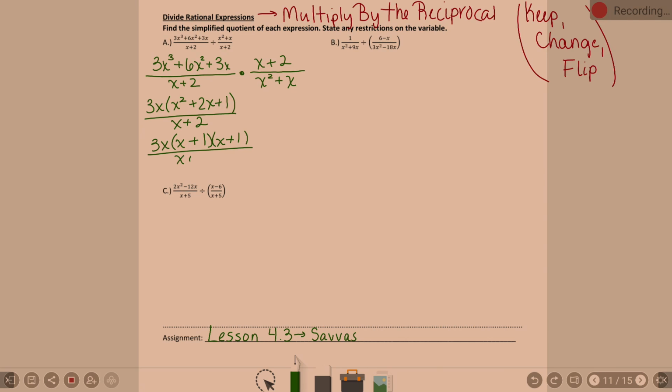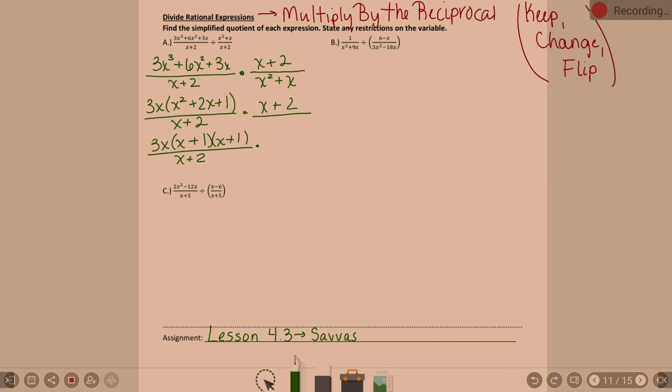Okay. I hope you're saving room for restrictions because I don't know what I'm going to do about restrictions. On the second fraction, we already flipped it. X plus 2 is on top. What about x squared plus x? It's only 2 terms.